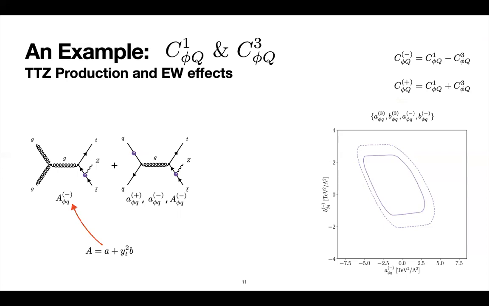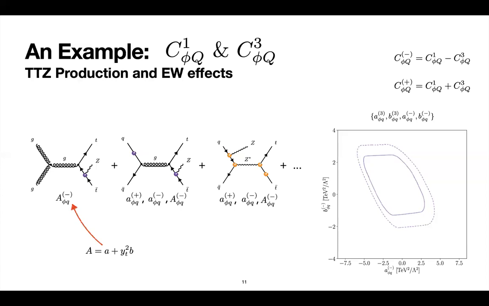So you can do that, you get your constraint, but then you realize actually there is also electroweak corrections adding to this process. And this is something that is very often neglected in top physics because they're typically not as important as the QCD processes. However, here you can already see that there are many different possibilities to insert our SMEFT operators.